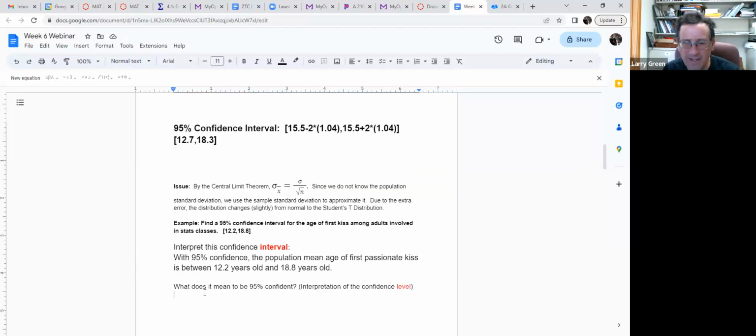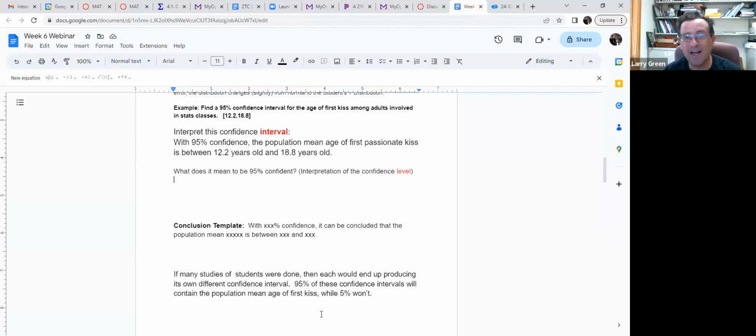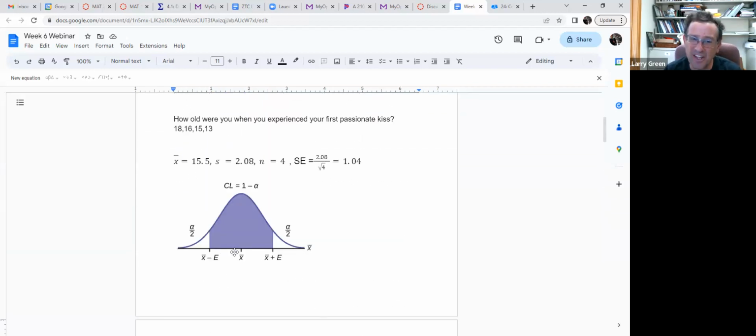So what does it mean to be 95% confident? Now we can talk about it. So now we're looking at all the different sample means that could happen, and 95% of them should lie in the interval.